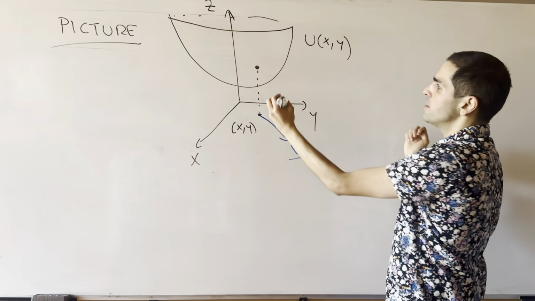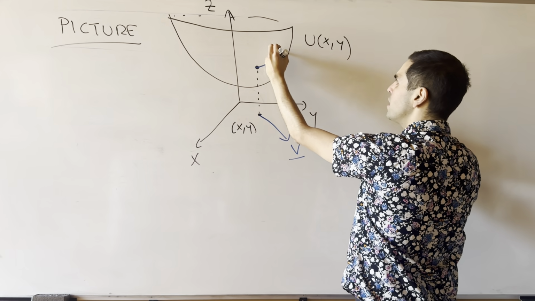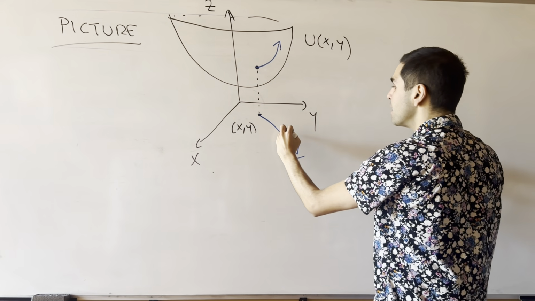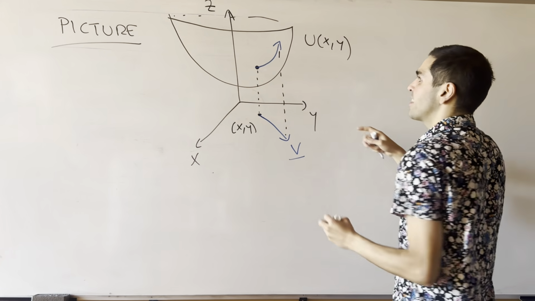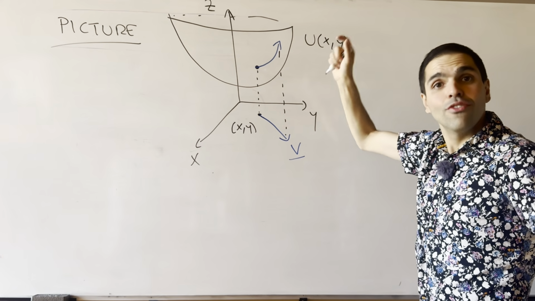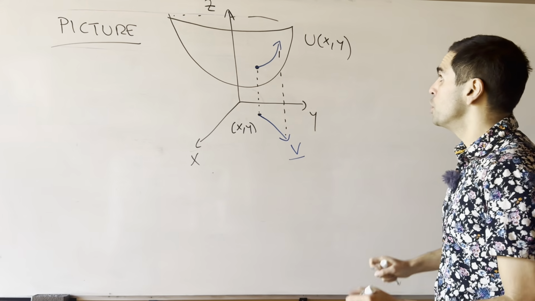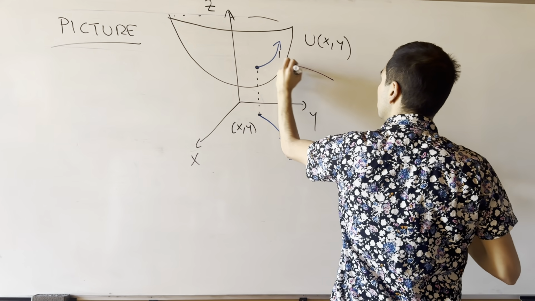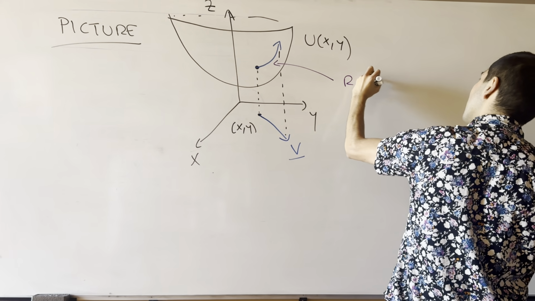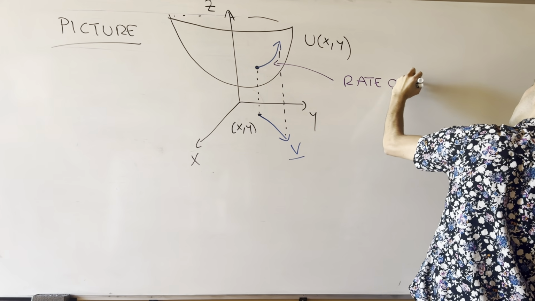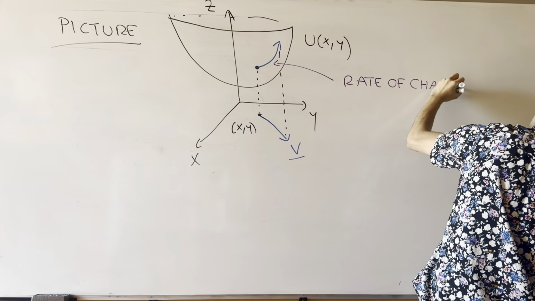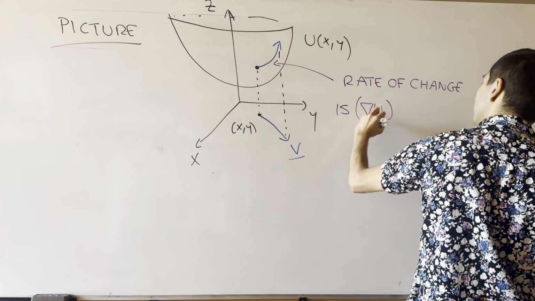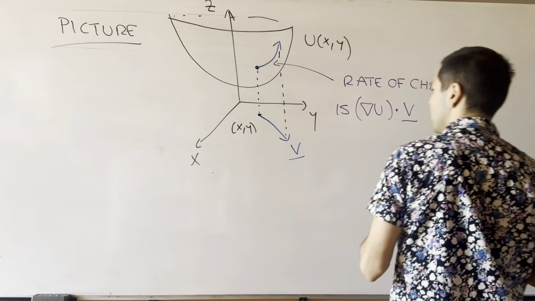So if you move in this diagonal direction, you may notice that this function curves up, and the answer is precisely the directional derivative of u in the direction of v. So the rate of change is gradient of u dotted with v.